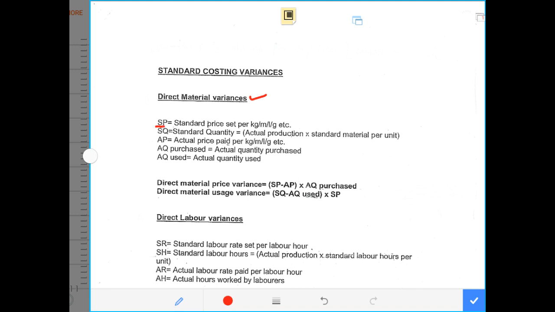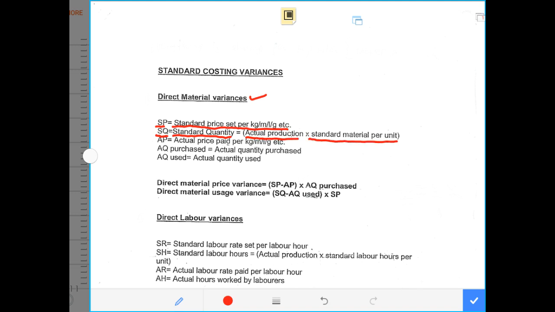SP means the standard price per kg. That means the price at which the kgs of material are bought, or the price at which the liters or meters or grams of material are bought. Then SQ is what is called standard quantity, and standard quantity is calculated by actual production times the standard material per unit.